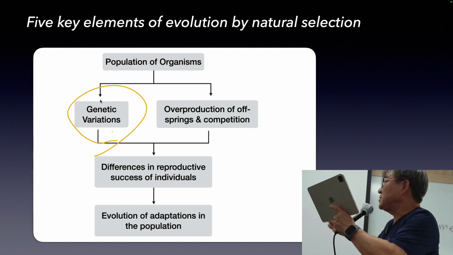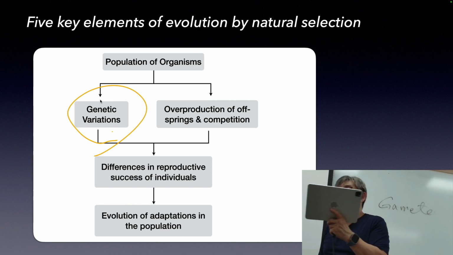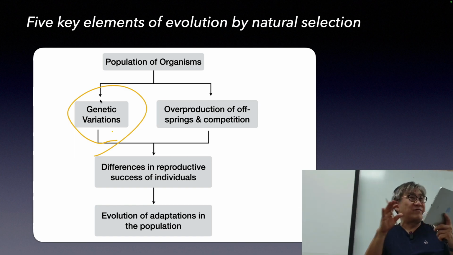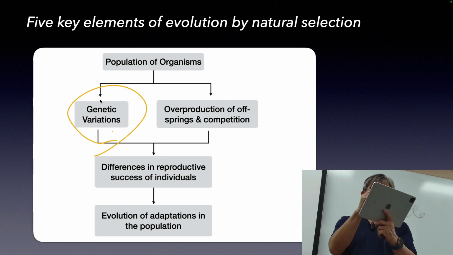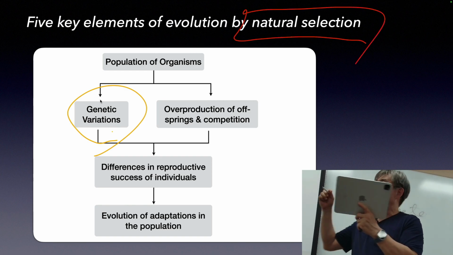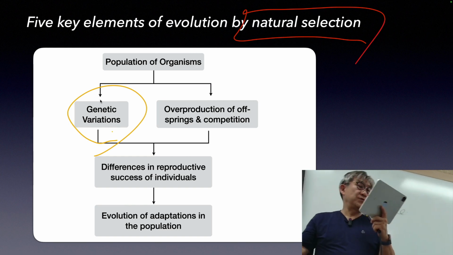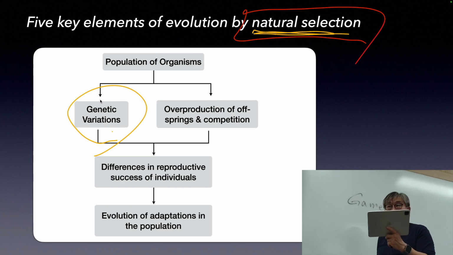So having this genetic variation is the key. Why is it such an important thing to have initially? Because remember, this whole evolution can go through this particular process we recognize as natural selection.